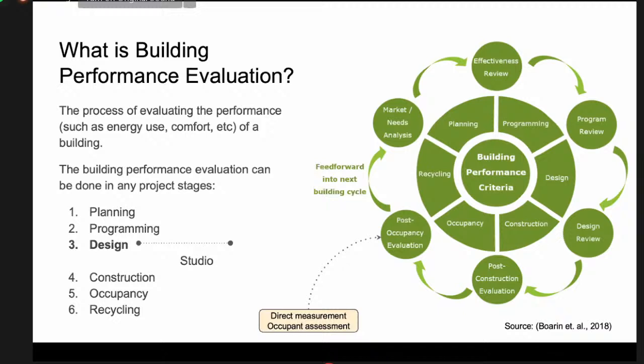And this evaluation can be done at any stage of the project, for example from the planning, the programming, the design stage, the construction, or occupancy, or after the demolition or refurbishment of the building.